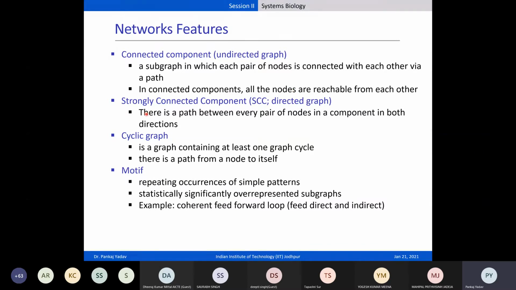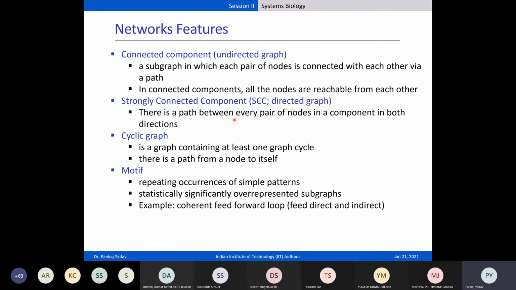So there is another definition for directed graphs, which is very similar to connected components for undirected graphs. We can have a strongly connected component in the case of a directed graph. The definition is the same, but slightly different from the undirected graph.